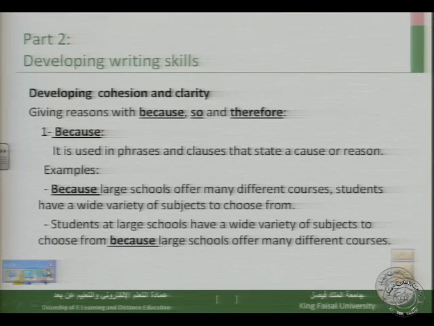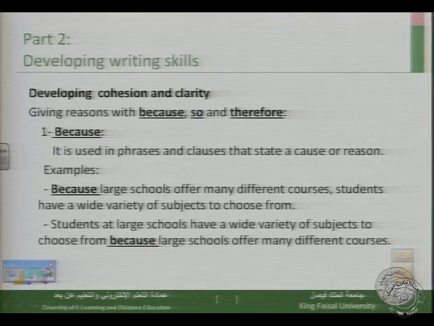Examples of sentences in which we have because. The first example is: Because large schools offer many different courses, students have a wide variety of subjects to choose from. Here we have to pay attention to punctuation and capitalization.